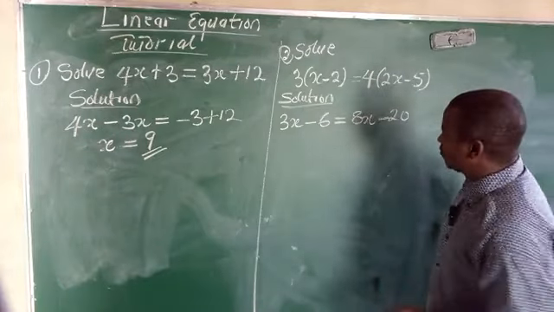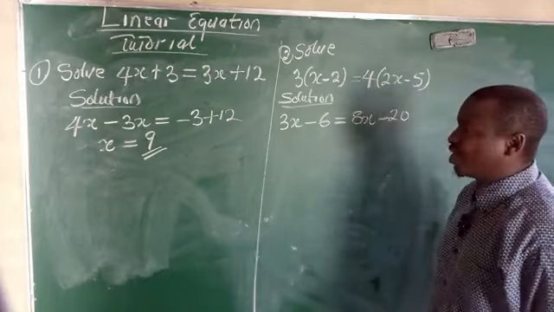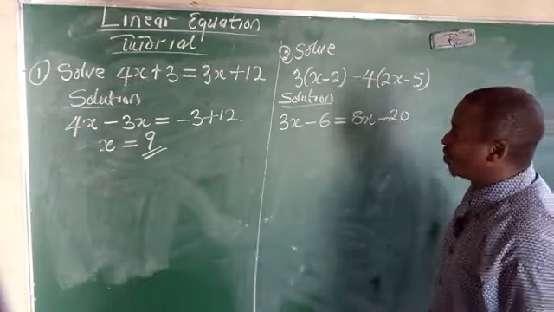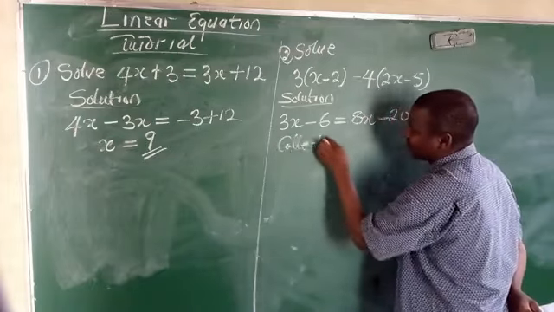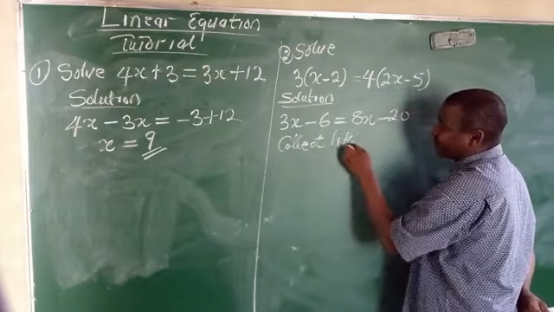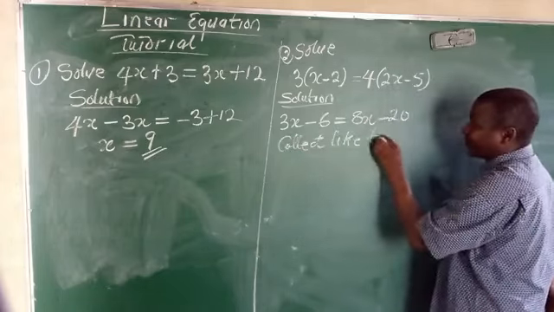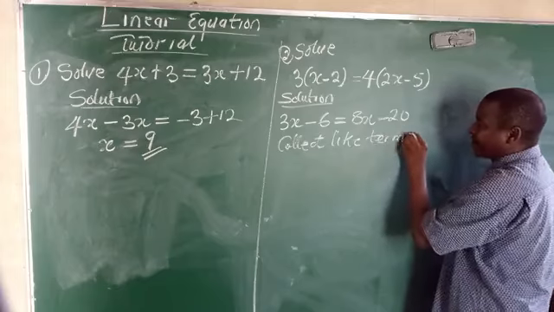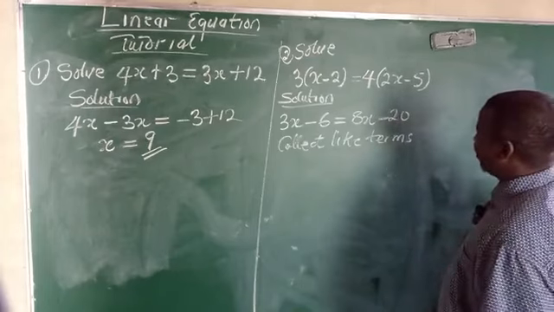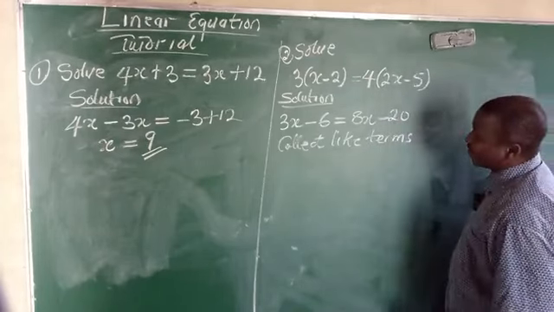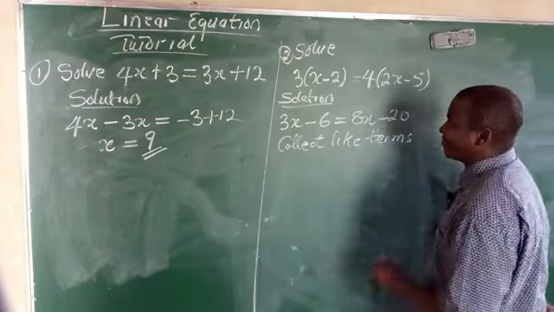So as it is like this, what are we supposed to do? We collect like terms.